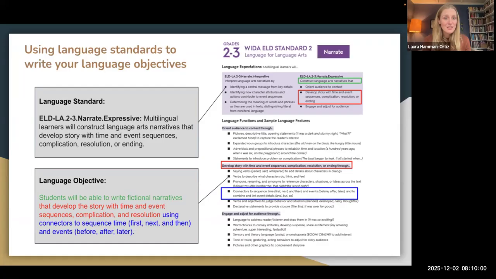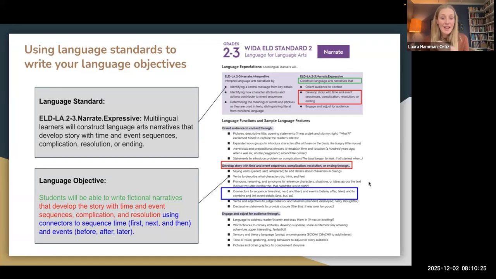So if I want my students to construct language arts narratives that develop story with time and event sequences, complication, resolution, or ending, I can pull out this as my specific objective. Students will be able to write fictional narratives that develop the story with time and event sequences, complication, and resolution using connectors to sequence time, like first, next, and then, and events like before, after, and later.